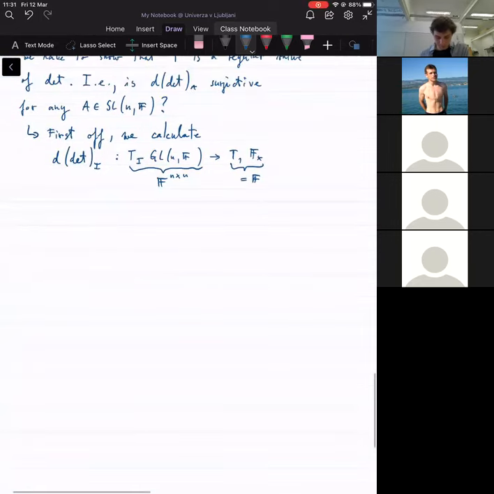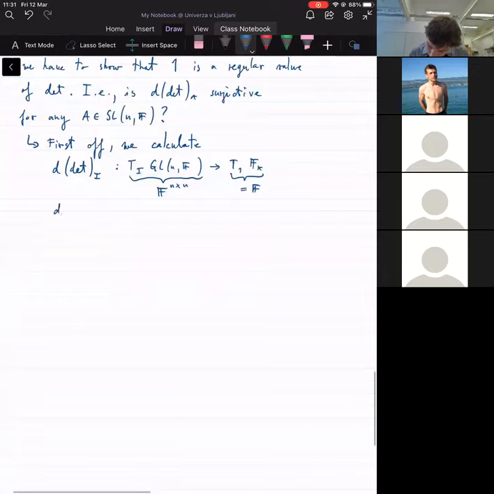Okay, so how do we do this? Since we're dealing with vector spaces that we're kind of familiar with, we know how to deal with this.